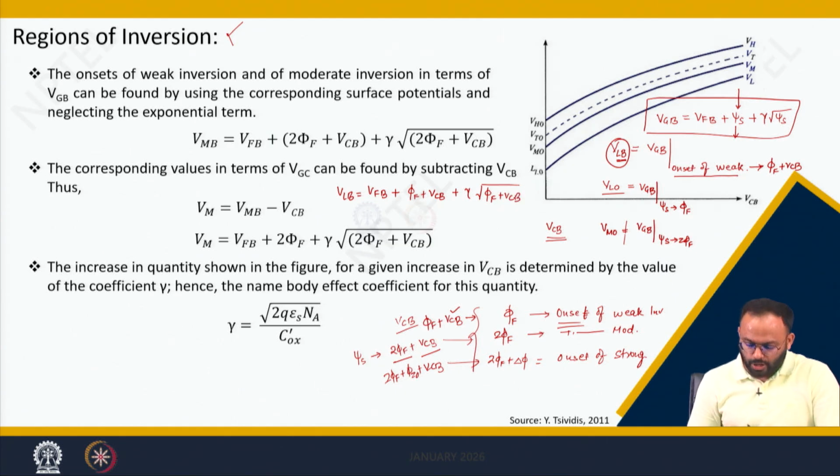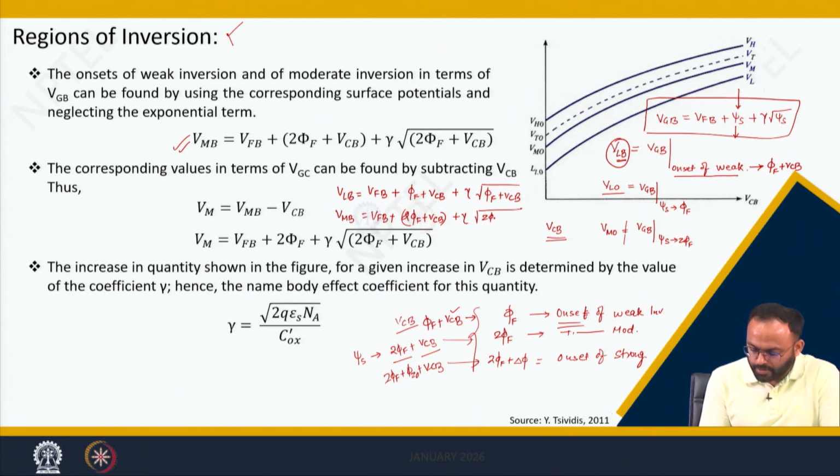This will give you the value of VLB. Similarly, we can find VMB, which is the flat band voltage plus the surface potential under the influence of VCB. Now it becomes 2 phi F plus VCB plus gamma times the square root of 2 phi F plus VCB.